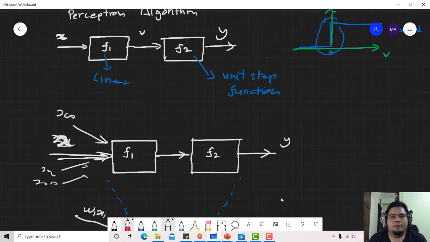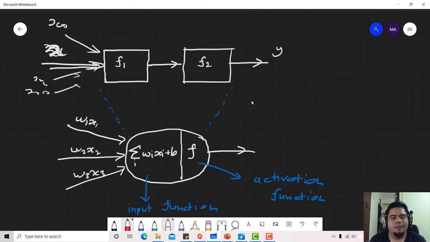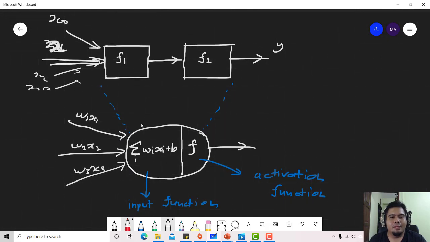By having these two functions, I can relate them to the single neuron we discussed before, where again this is the neuron or node, a single node. You can see it consists of two functions. One is known as the input function, which is your F1, and the F over here is called the activation function, the one that fires the signal to the next neuron.